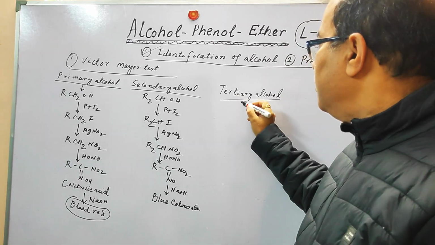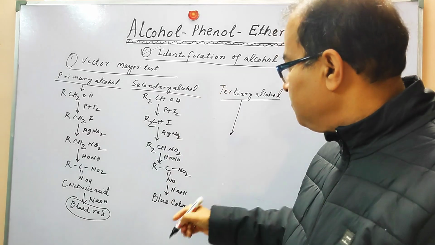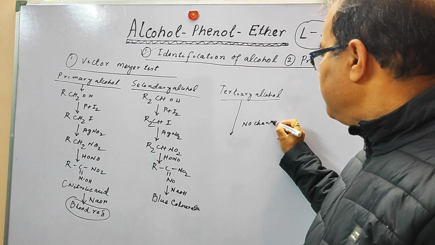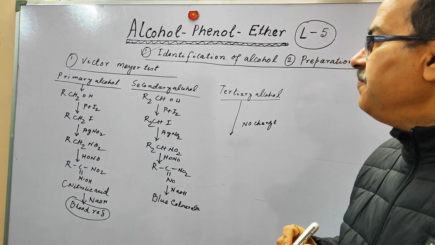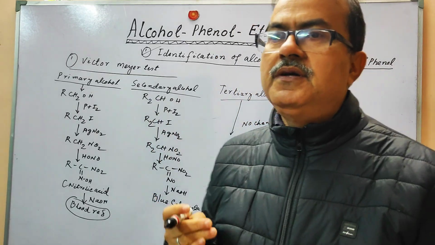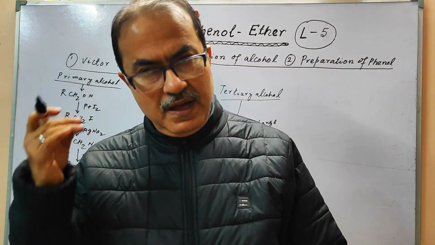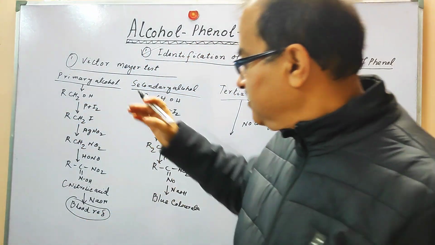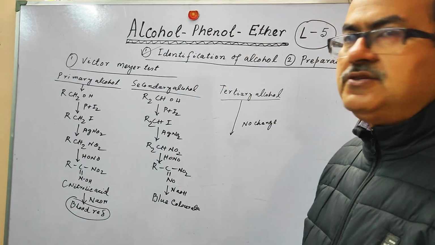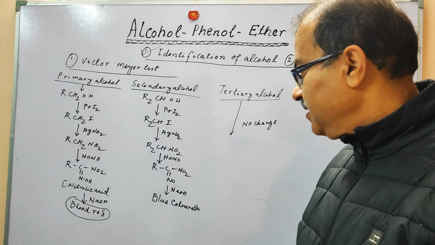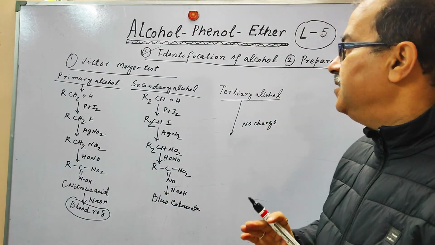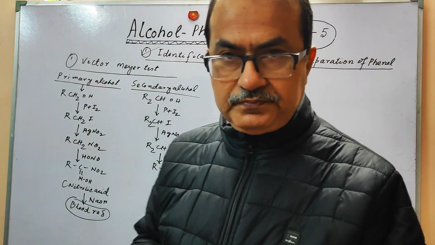When we react it in the same fashion, there is no change in the color. So from the Victor-Meyer test, we are able to identify the alcohols. If it is blood red coloration, we will say it is a primary alcohol. If it is blue coloration, it is a secondary alcohol, and in case of tertiary alcohol, there is no such coloration. Okay.